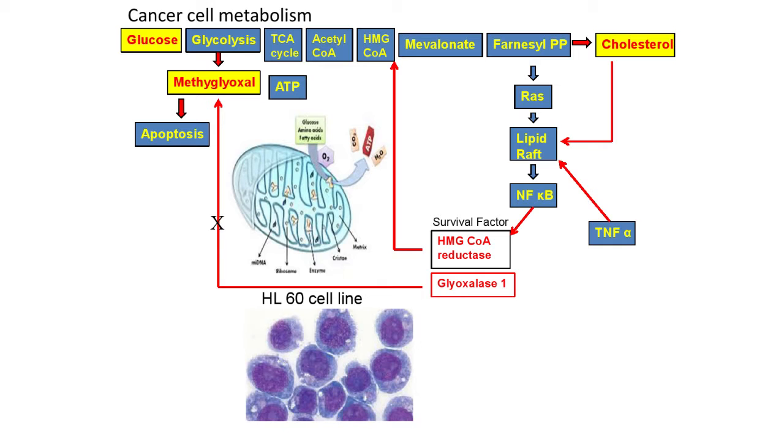So our lab, for the first time, highlights the survival enzyme factor, glyoxalase, to detoxify methylglyoxal, and another well-known enzyme, HMG-CoA reductase, the key enzyme for cholesterol biosynthesis. We use leukemia cells, either human or mouse.